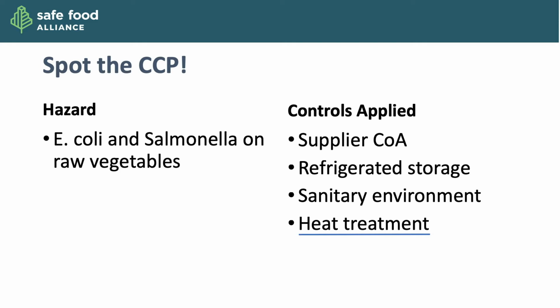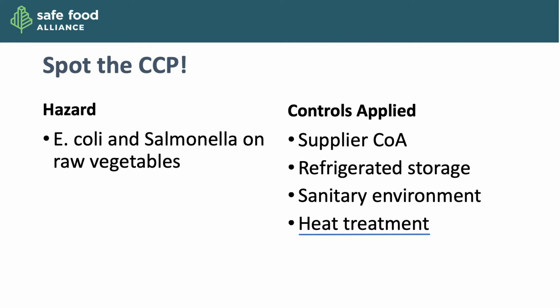Well, potentially, but maybe not, because we know we can't test our way out of preventing pathogenic organisms from being there in the first place. So sampling and testing in its nature is just a verification activity.